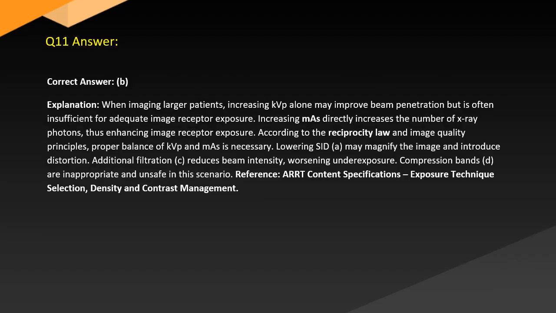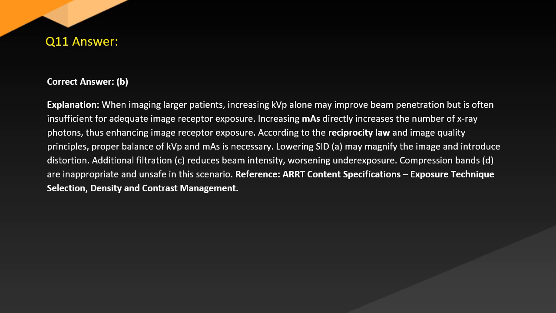Answer. Correct answer: B. Explanation. When imaging larger patients, increasing kVp alone may improve beam penetration but is often insufficient for adequate image receptor exposure. Increasing mAs directly increases the number of X-ray photons, thus enhancing image receptor exposure. According to the reciprocity law and image quality principles, proper balance of kVp and mAs is necessary.